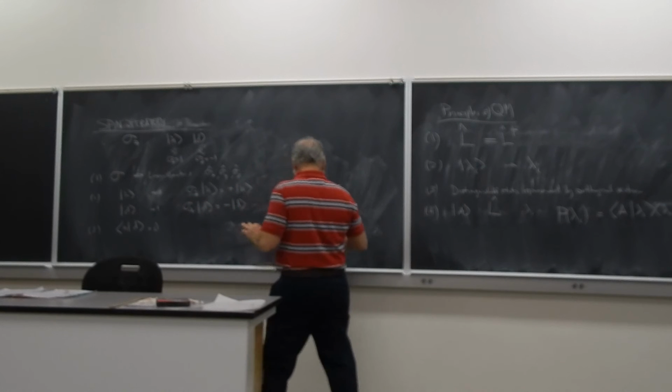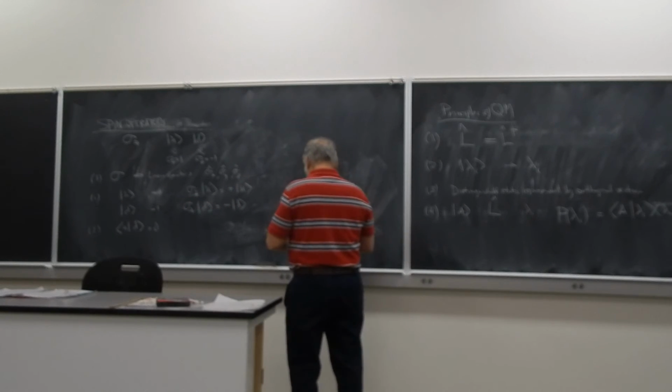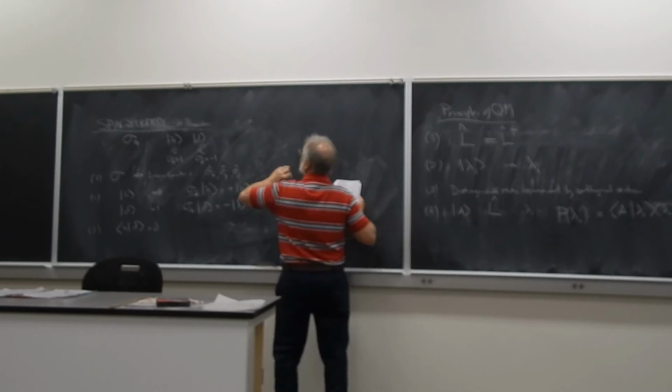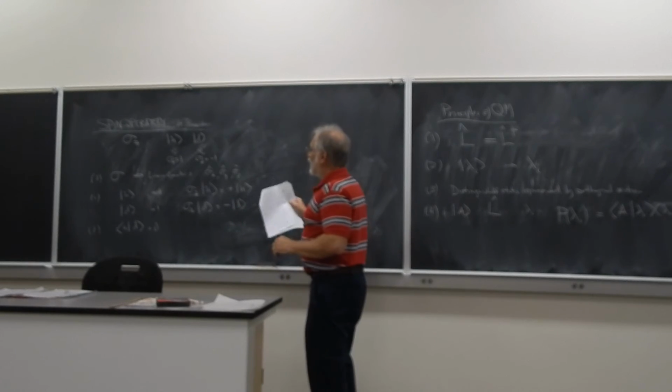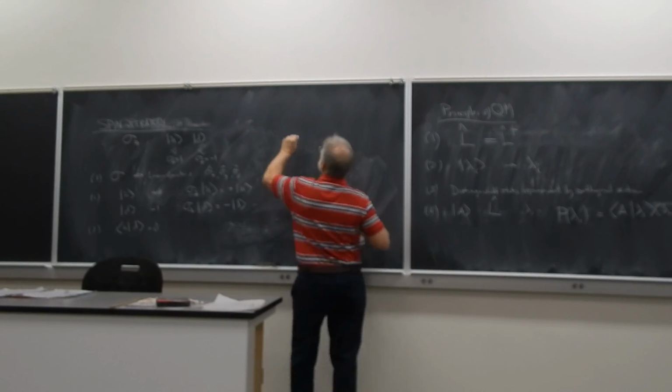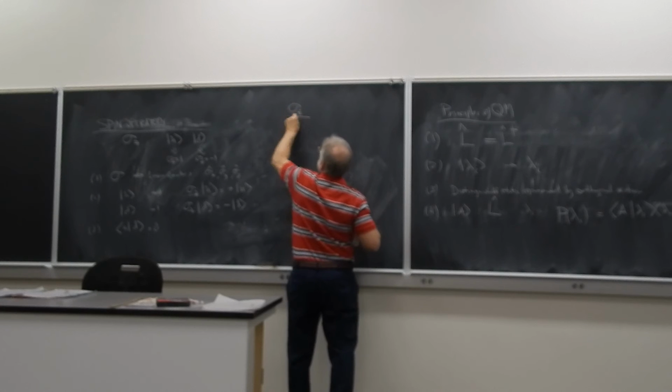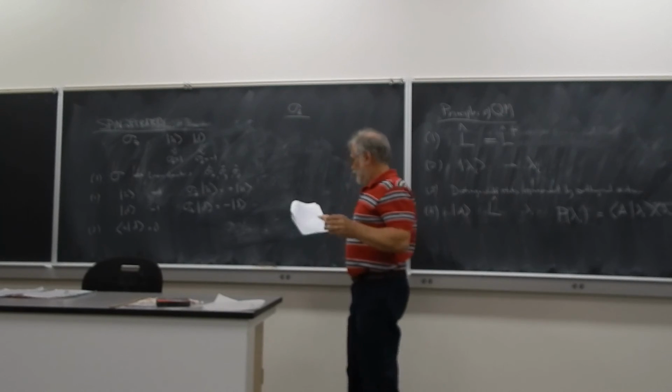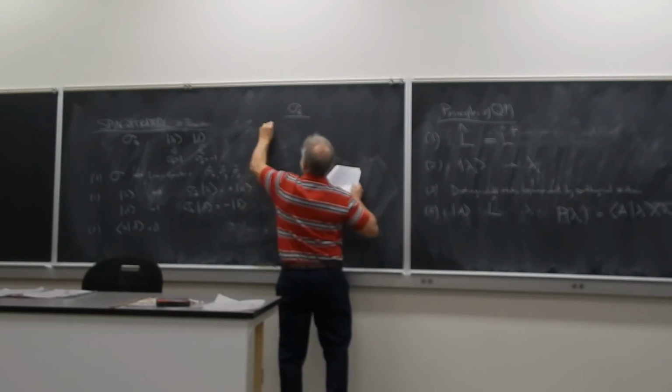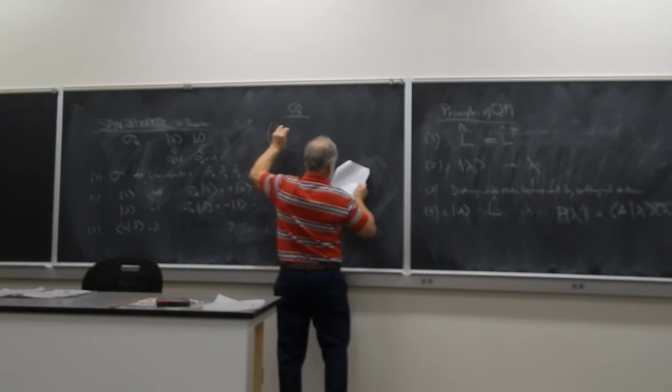If we take these principles together, what do we get? If I wanted to figure out what my operator sigma sub z was equal to, what does it look like in matrix form? Let's put it in components.